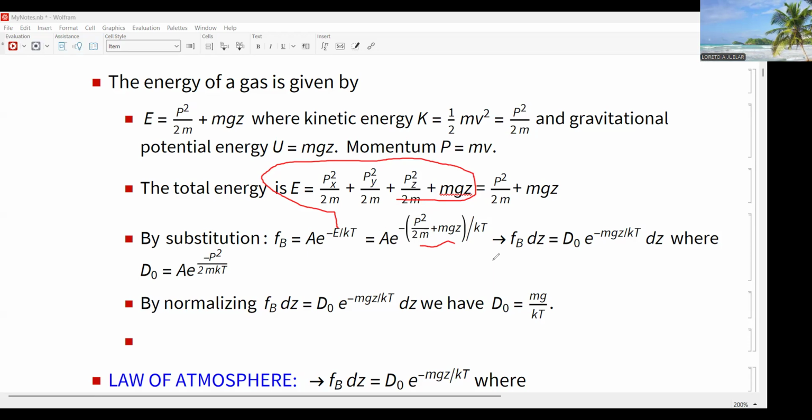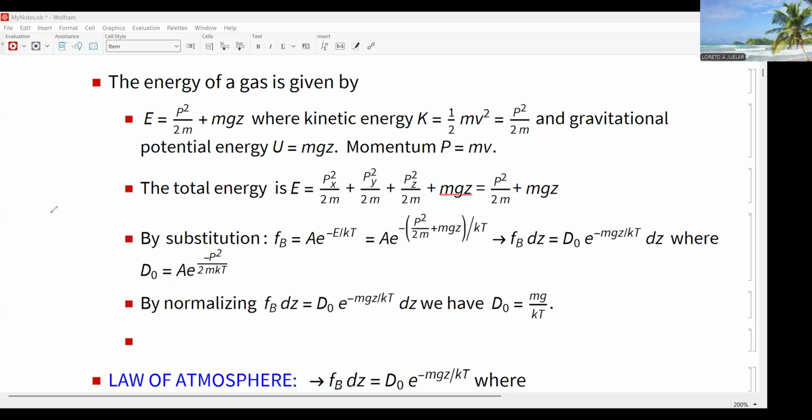Now, this is also equal to this one. If we multiply both sides by dz, our d sub 0 here is equal to this one, because this part is equal to this part.